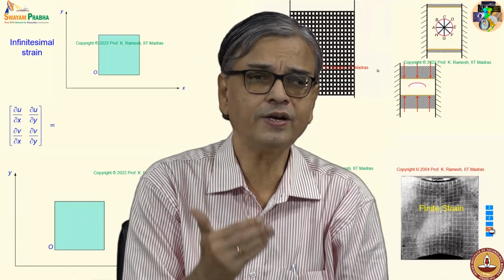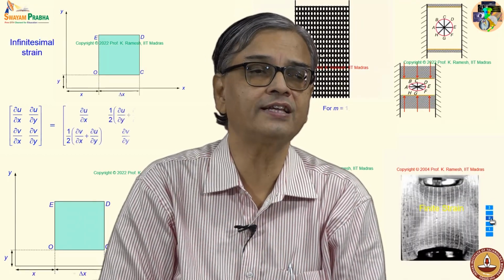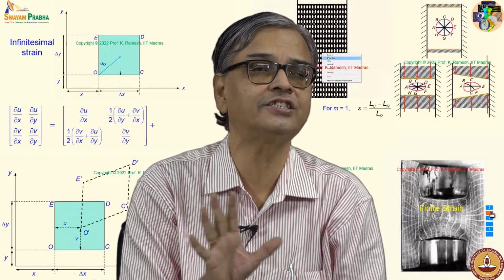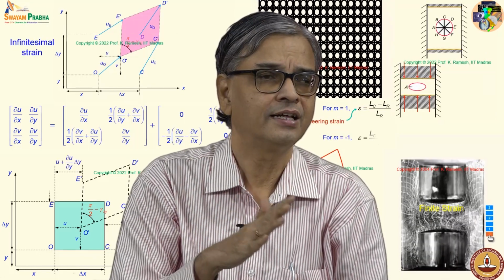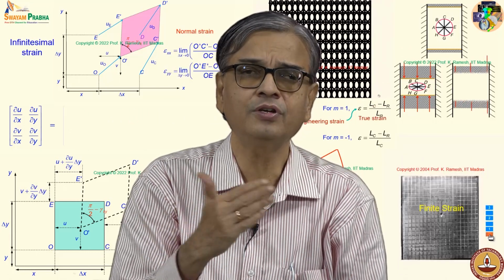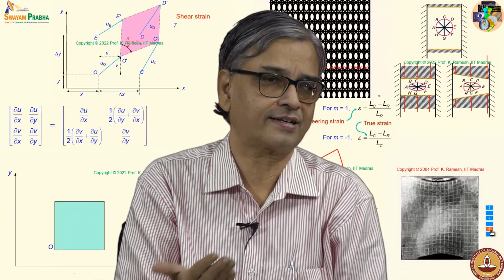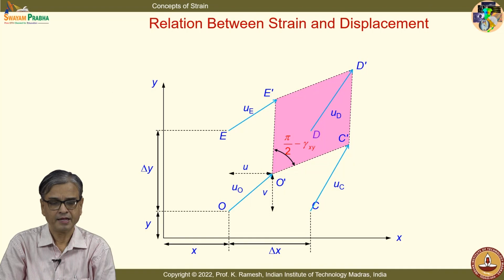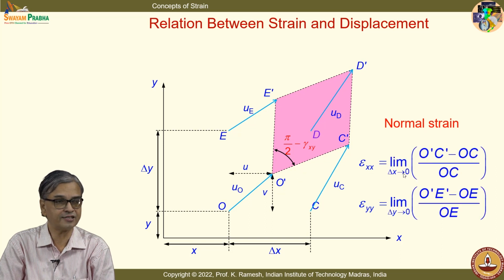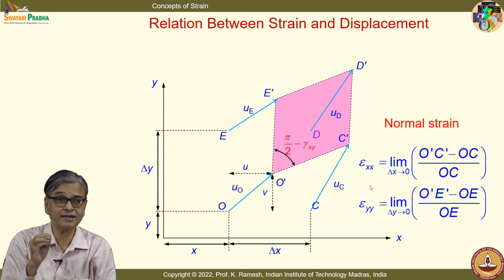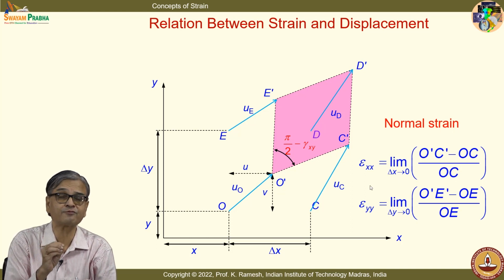When I join these, I get, in general, some distorted shape. I can also define the strain quantities based on the change in length. If there is a change in length in the x direction, it contributes to epsilon xx. For a normal strain, epsilon xx is defined in the limit delta x tends to 0. This helps us understand the state of strain at a point.